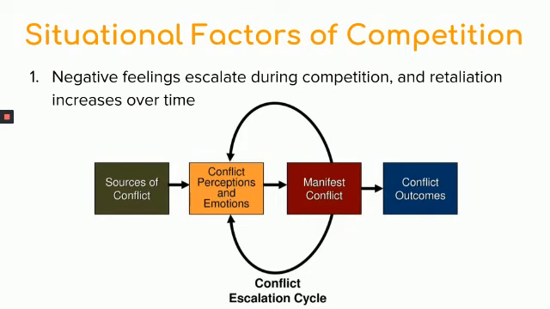I'm just saying that there tends to be a cycle of retaliation, especially in cases where you're perceiving the other side as different than you, as evil, as not morally just in what they're doing. These types of situations tend to live on and on over time.